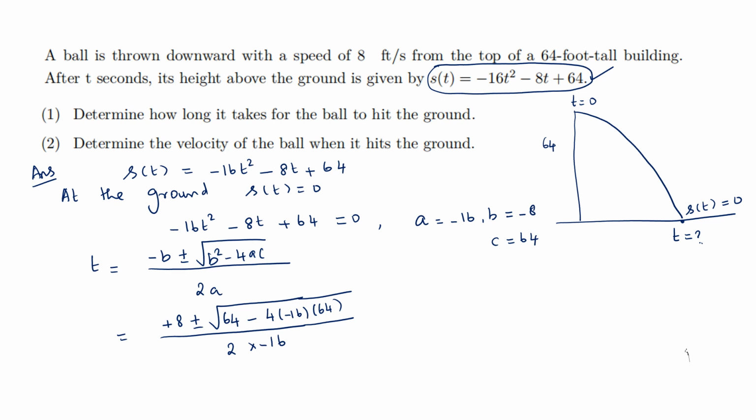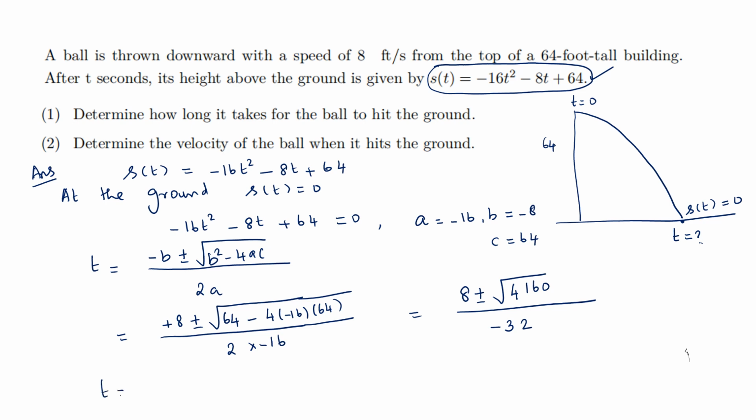Simplify this, which is equal to 8 plus or minus square root of 4160. You can calculate this using the calculator, easily we can find out, divided by minus 32.